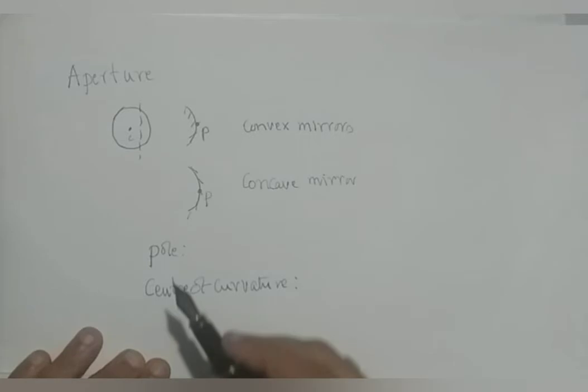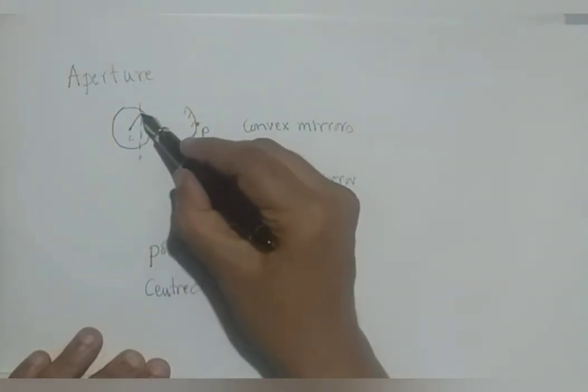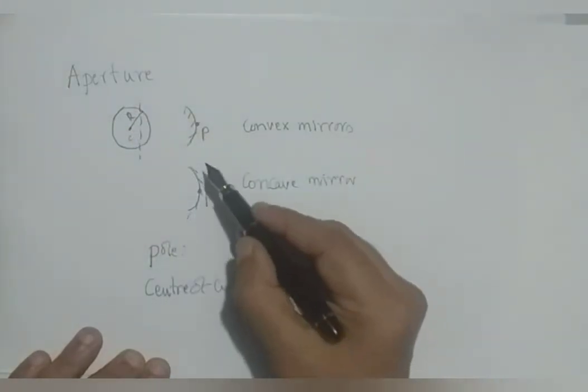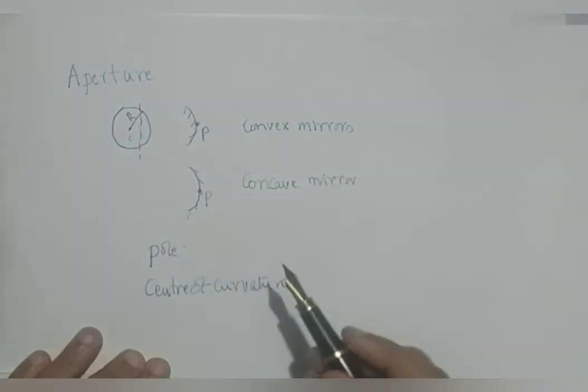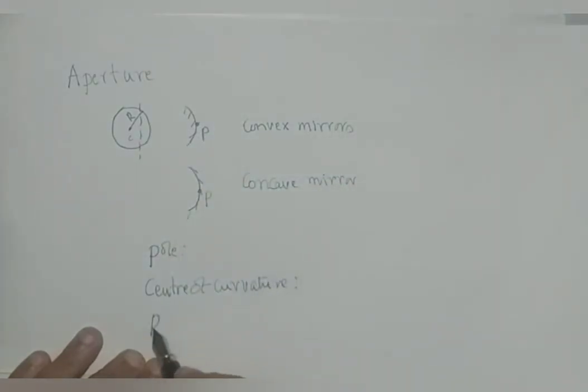In the same manner, a sphere has a radius. The radius for this curved surface or mirror is also the same thing. Therefore, we can also define what is called the radius of curvature. So, the radius of curvature is the radius of the sphere of which the curved surface forms a part.